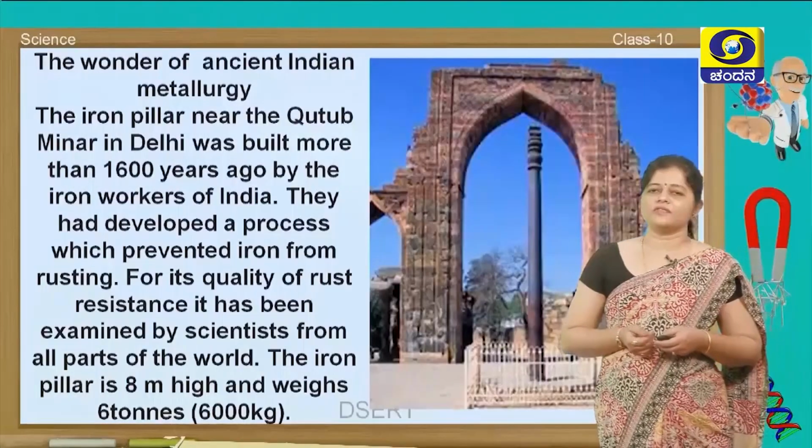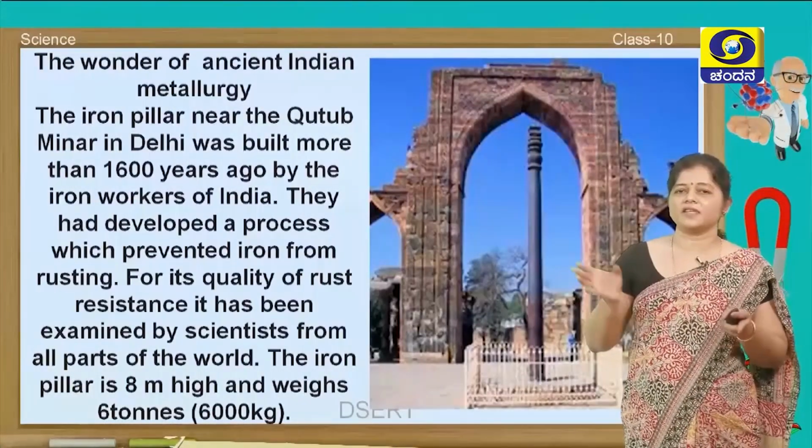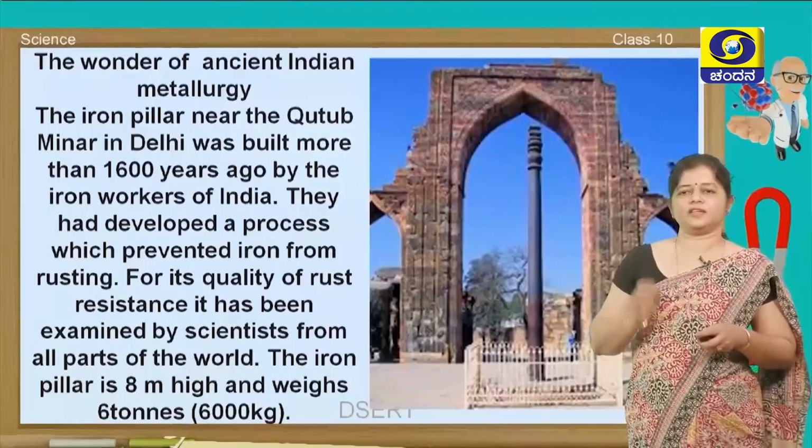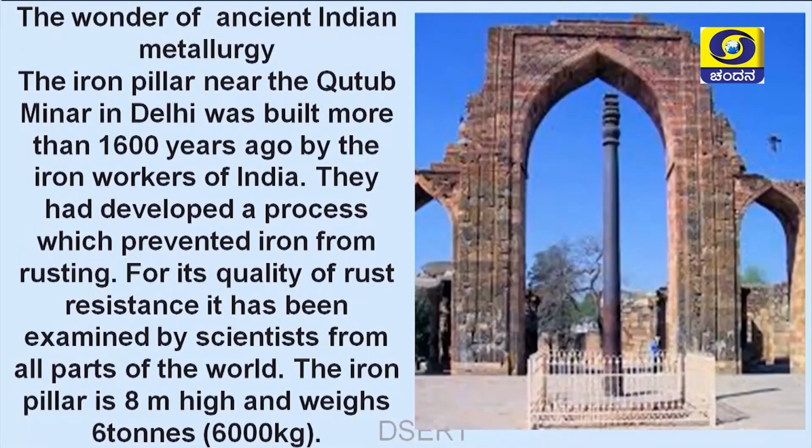This is one of the most famous pillars, near the Qutub Minar in Delhi. You know this Qutub Minar, which is in Delhi, and at the Qutub Minar there is one iron pillar. This was built more than 1600 years ago by the iron workers of India. They had developed a process which prevented iron from rusting.